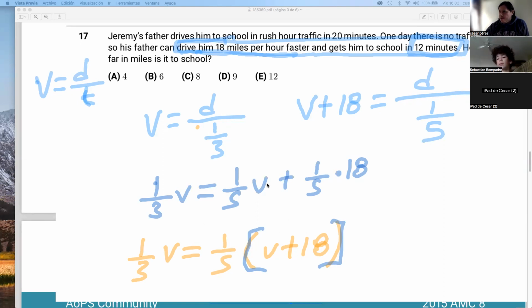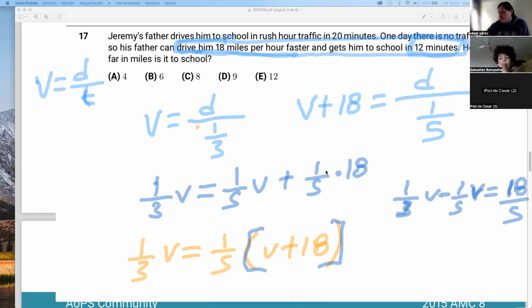Okay. Sí. And I can subtract 1/5 of V on every side. So we will get 1/3 V minus 1/5 times V equals 18 over 5.